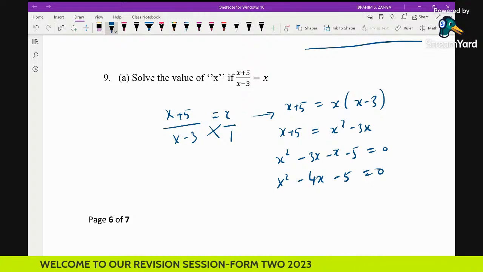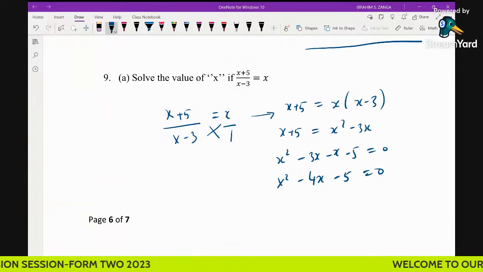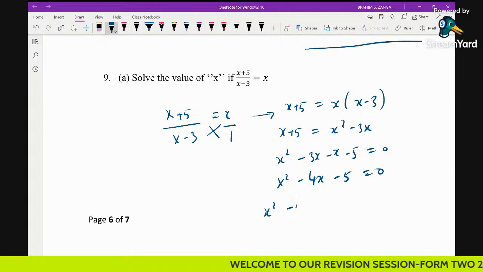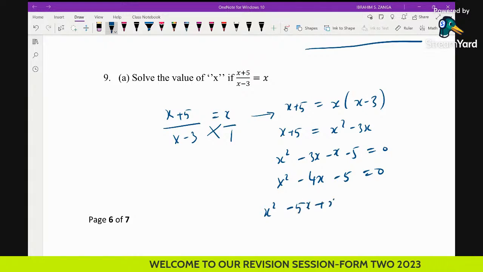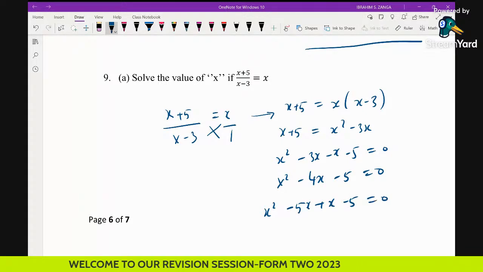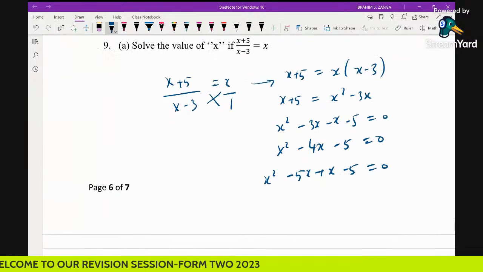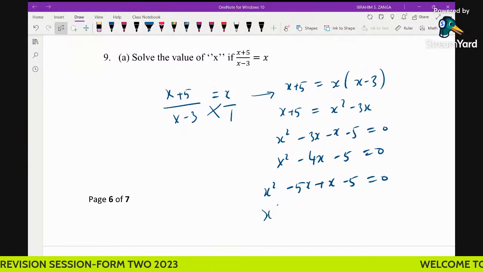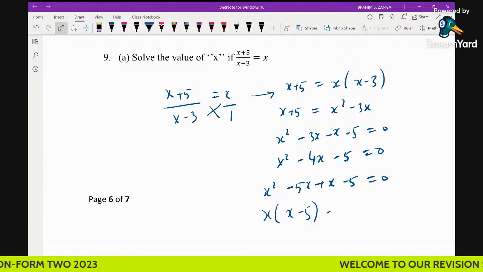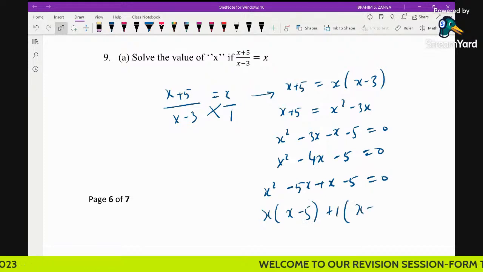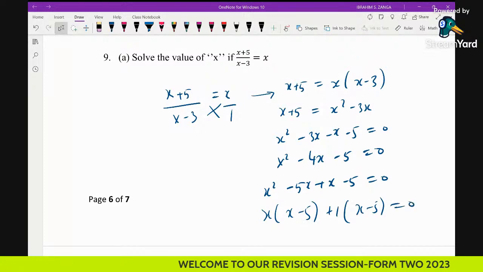We can factorize this expression. It is x squared minus 5x plus x minus 5 equals 0, by splitting the middle term. So you have x minus 5 plus 1 times x minus 5 equals 0.